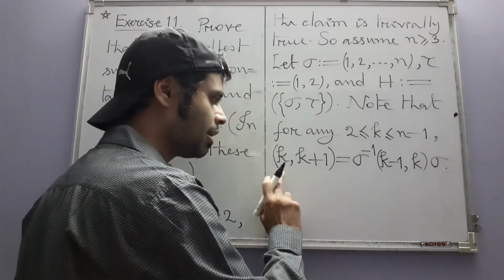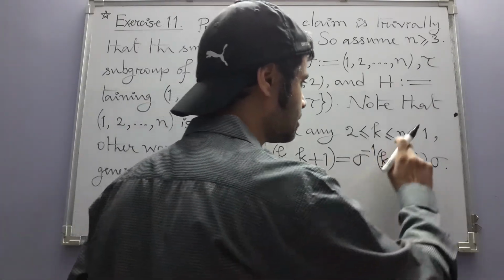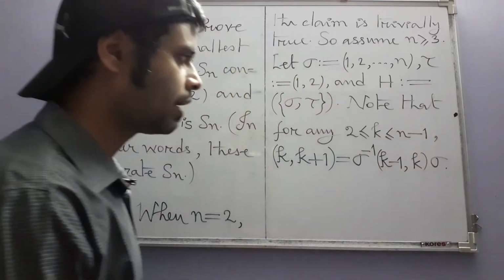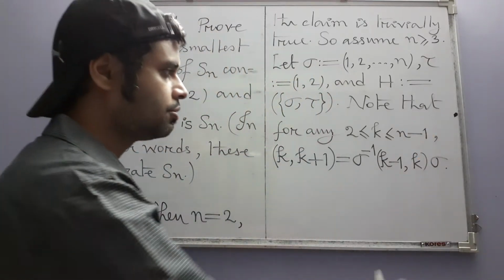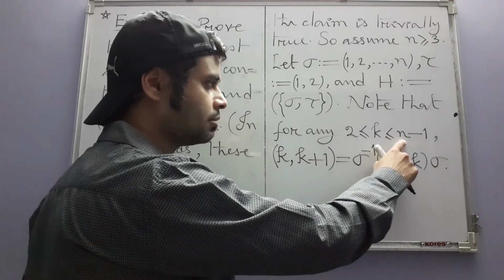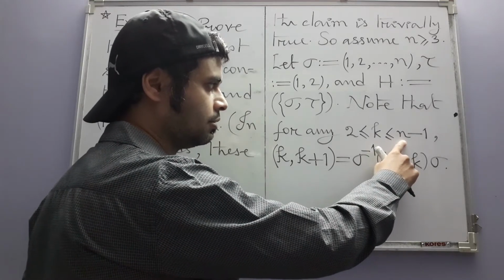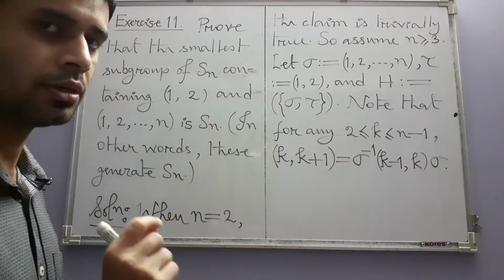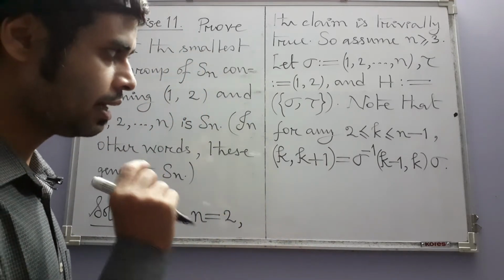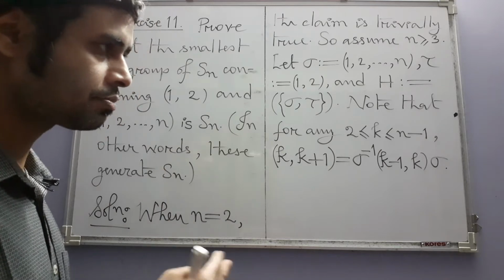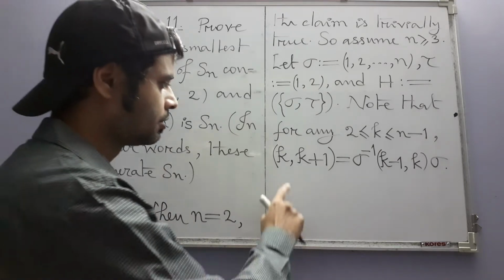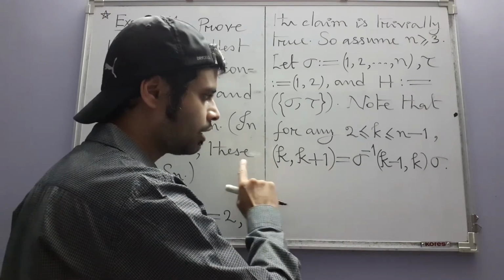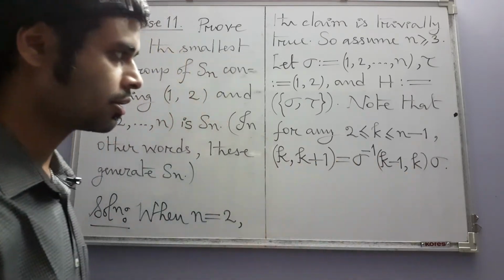So what do you do to understand such a thing? What you do is that you start taking specific values of n. So you take the smallest value of n, that is 3. So in that case k has only one option for it. So in that case k has to be equal to 2 itself. So you will have here 2 comma 3, and you actually see whether this is true or not.